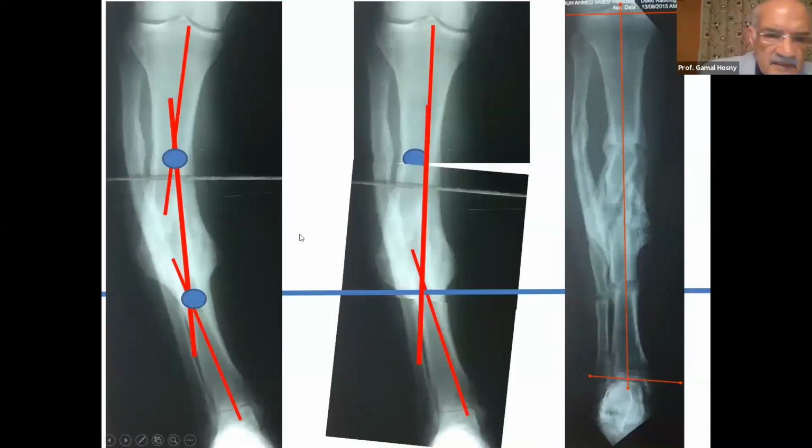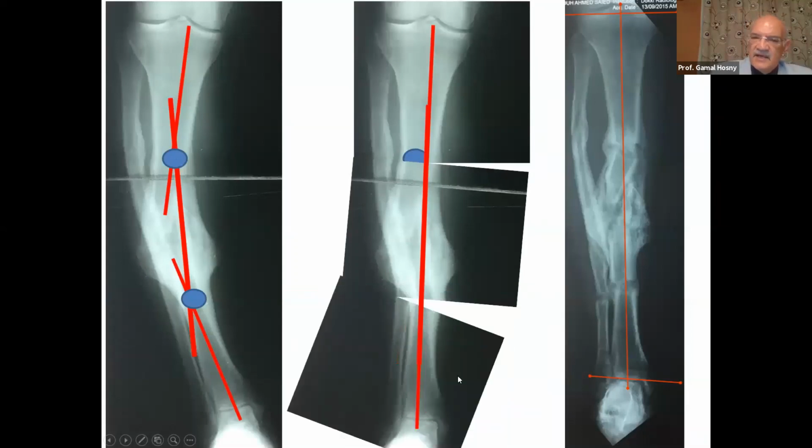In this exercise, you see, again, we have two CORAs, and we draw the transverse bisector line of the proximal segment and the transverse bisector line of the distal segment. And now we have open wedge and open wedge, and we can correct the deformity.